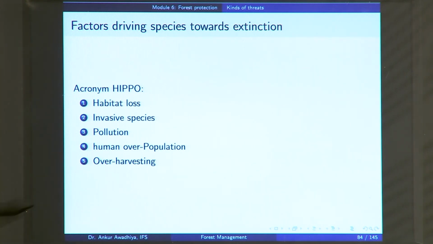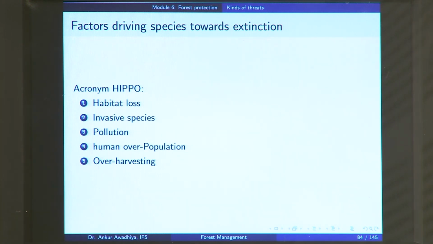Over harvesting. So, we will look in the next module that in the case of forest, you can do a sustainable harvest, you can do a silvicultural management in such a way that you are able to extract resources or extract timber out of the forest in a sustainable way for many years.